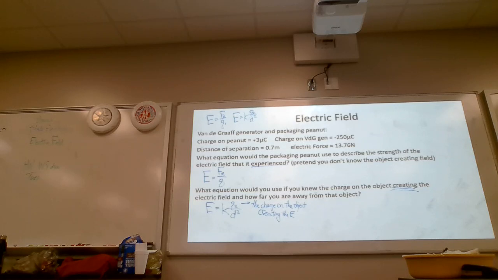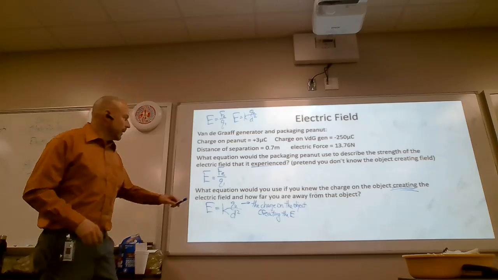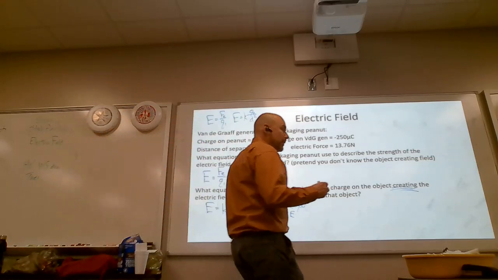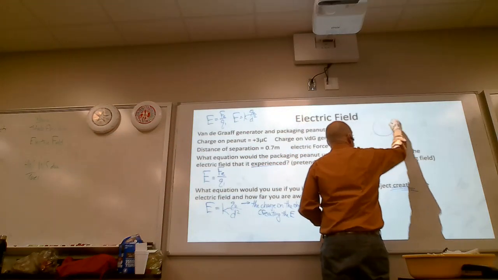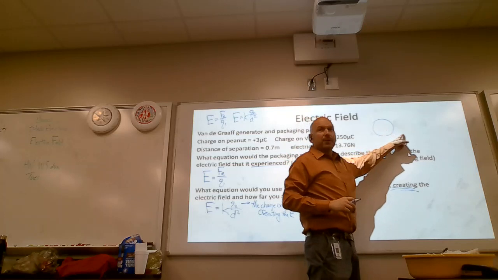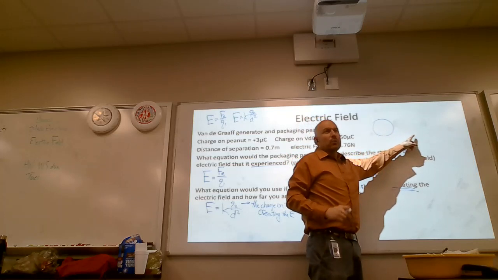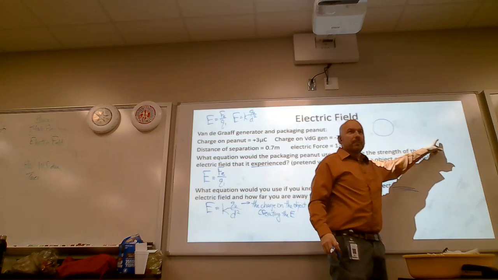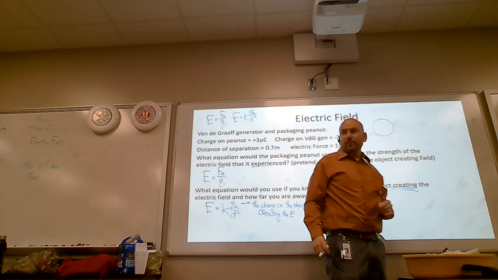So here's how this is my go-to. One of these two equations. Okay, let's say here's the Van de Graaff generator. As you go away from the Van de Graaff generator, what's going to happen just intuitively to the strength of the electric field? Does it get stronger, weaker, or stay the same? It's going to get weaker.